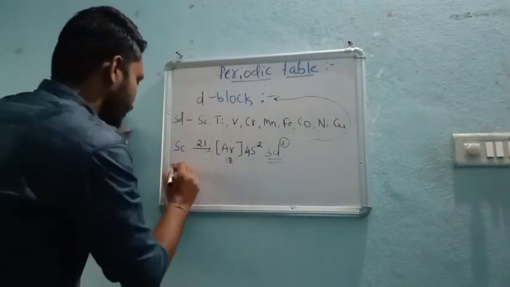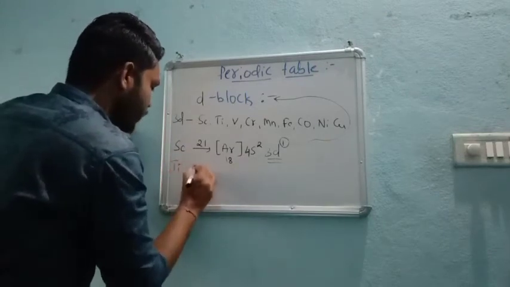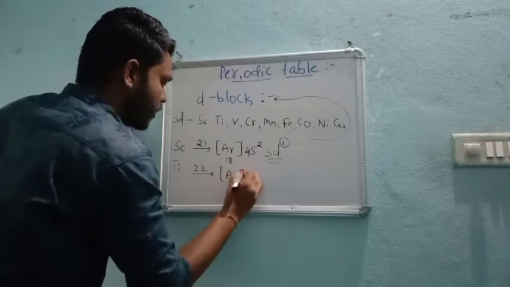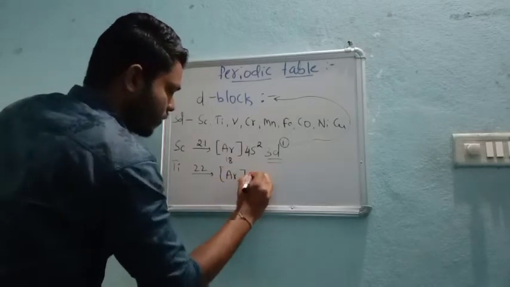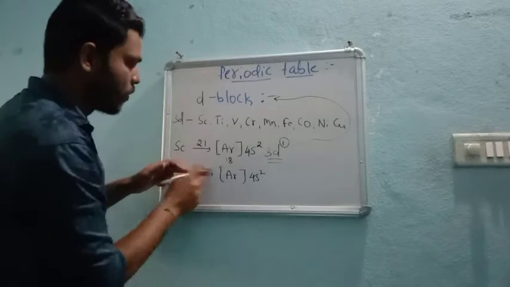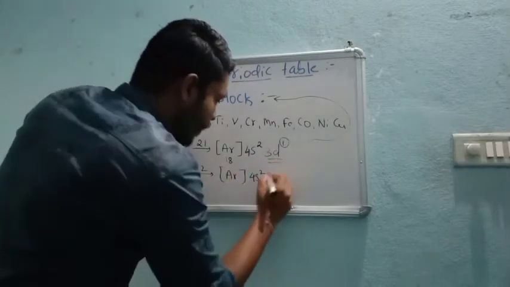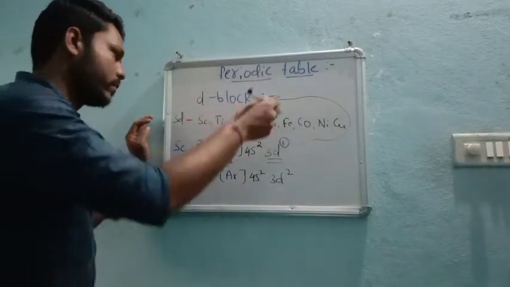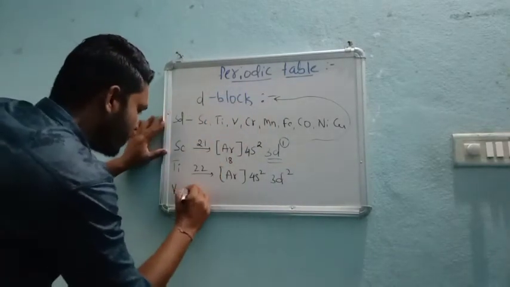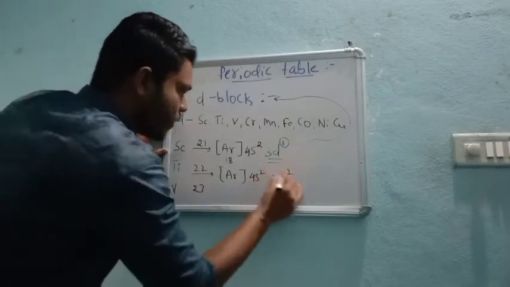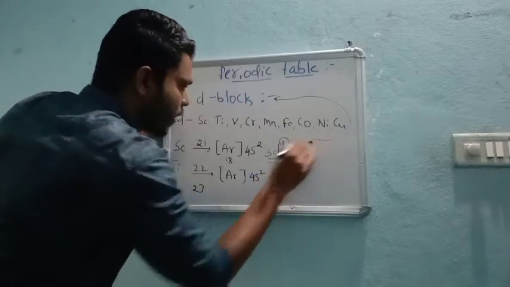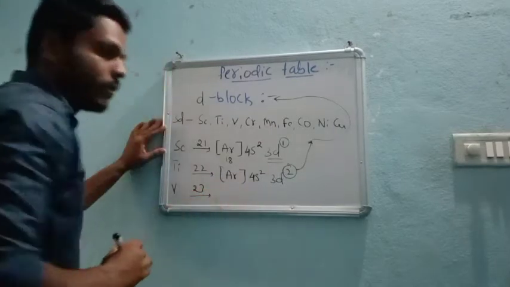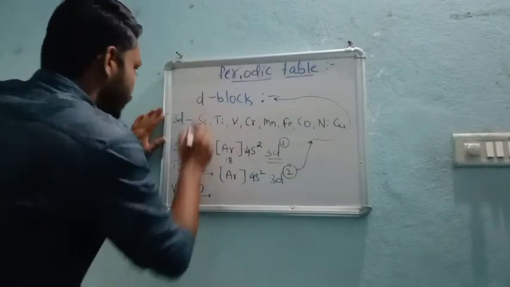In the same way, titanium is 22: argon 18, 4s2, 22 means 20, and now 2 are left, that is 3d2. Likewise vanadium is 23: again the last electron is entering into the same subshell, so vanadium also belongs to the d block.